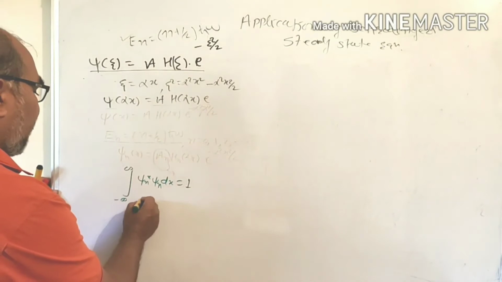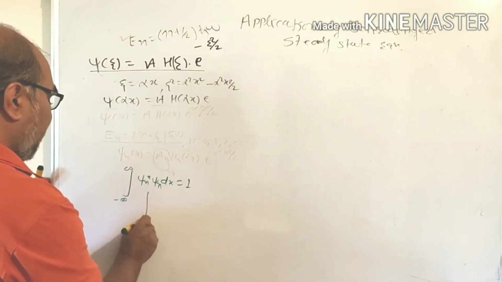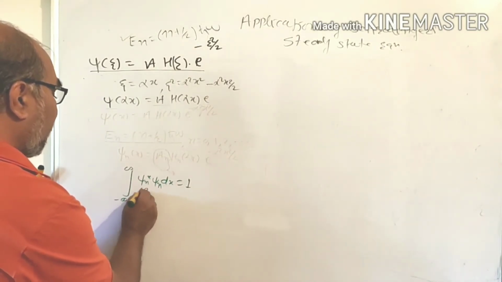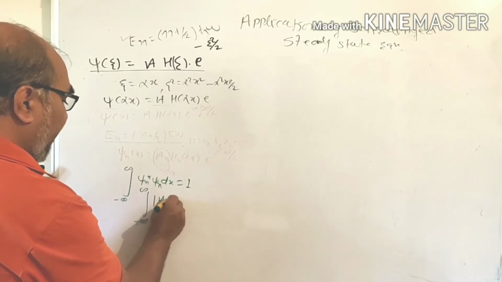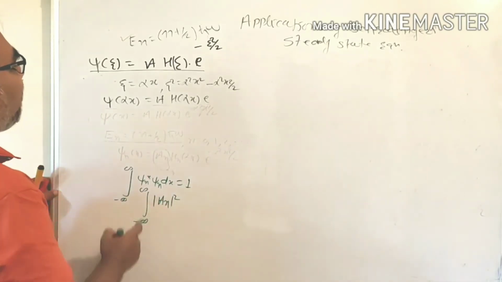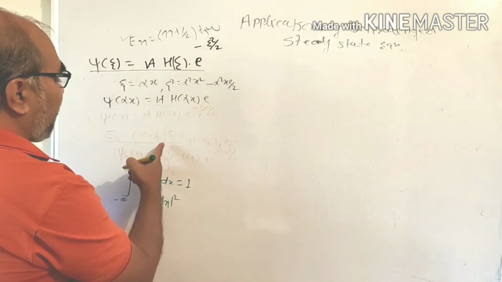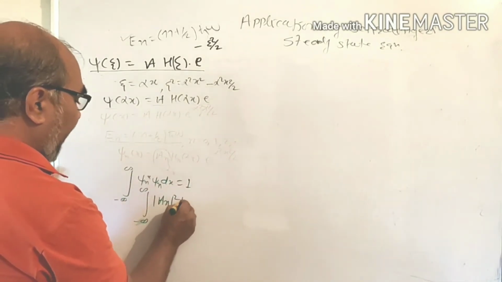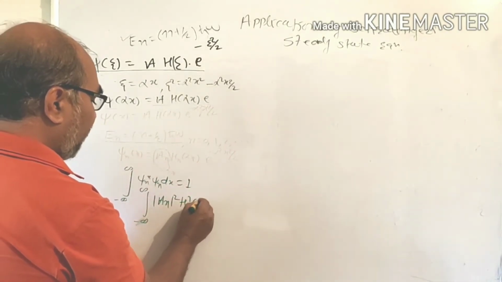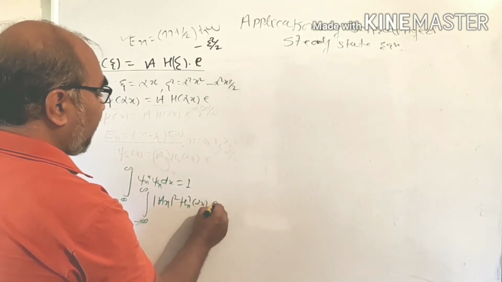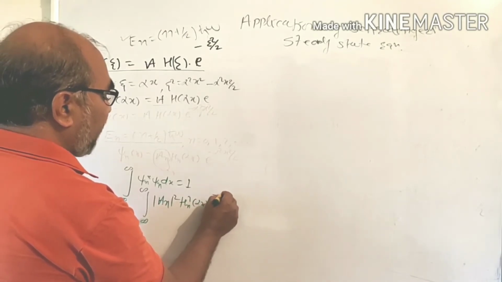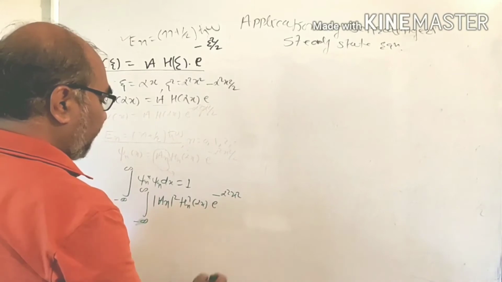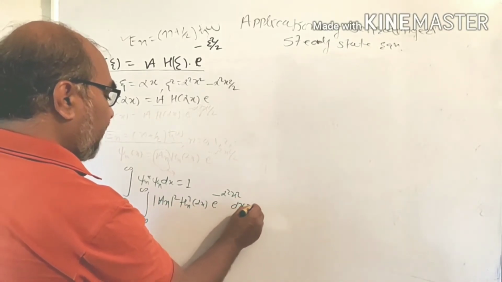So this equation can be written as the integral of An square Hn square of alpha x e raised to minus alpha square x square dx is equal to 1.